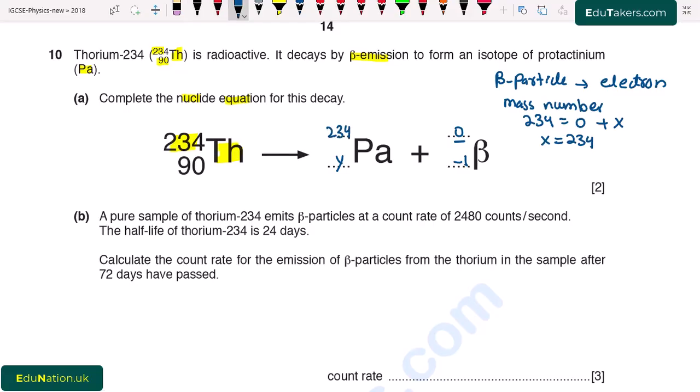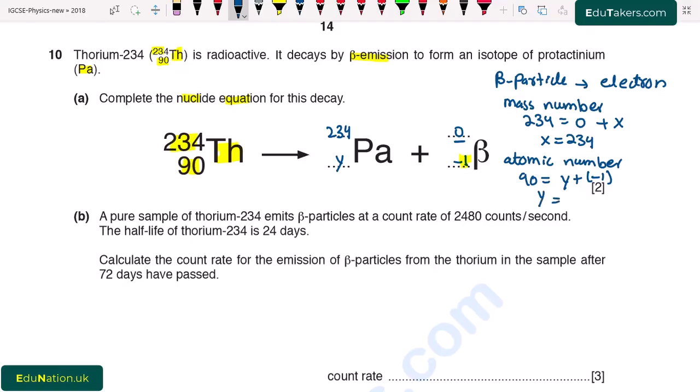Now I also have to find out the atomic number. On the left hand side, we can see the atomic number is 90. It will be equal to y plus the beta atomic number, which is -1.